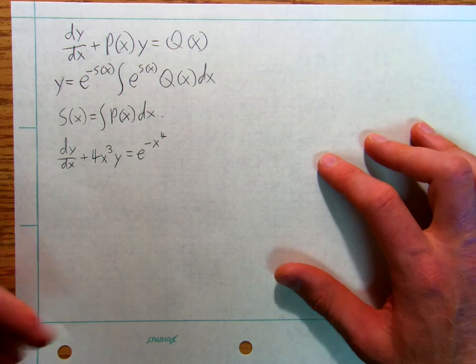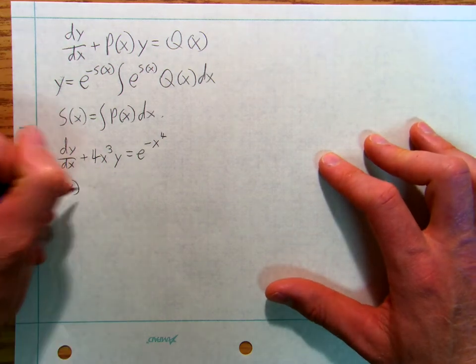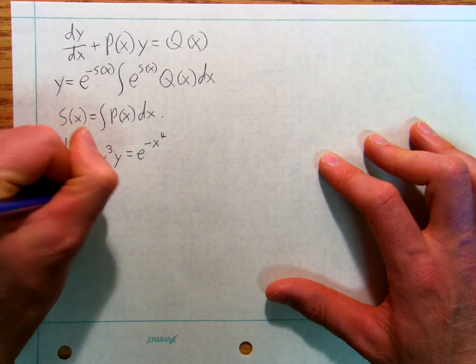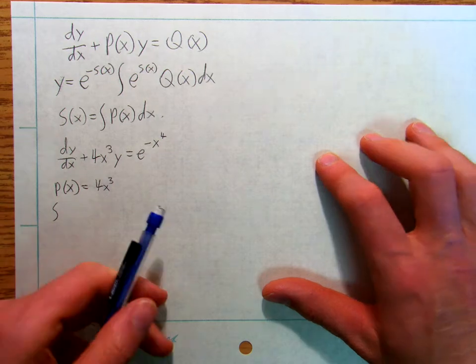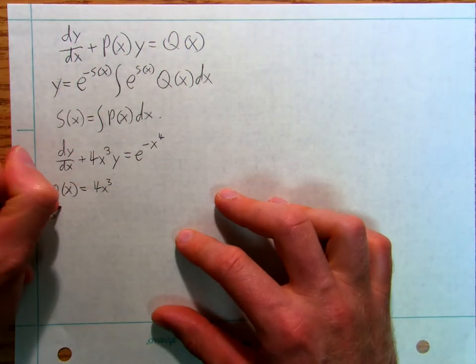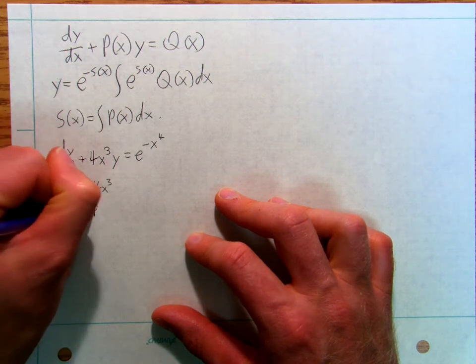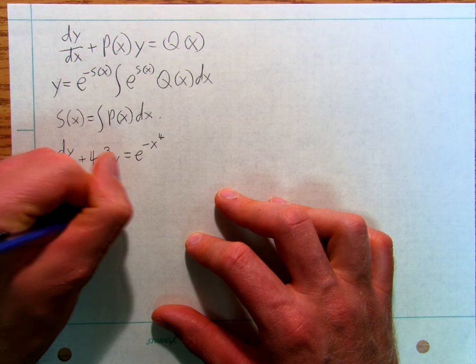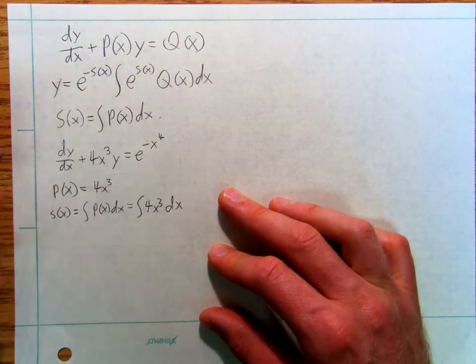Well, just wait. What I'm going to do is say that my p of x is equal to 4x cubed. And my s of x is equal to the integral of p of x dx. So that's equal to the integral of 4x cubed dx.